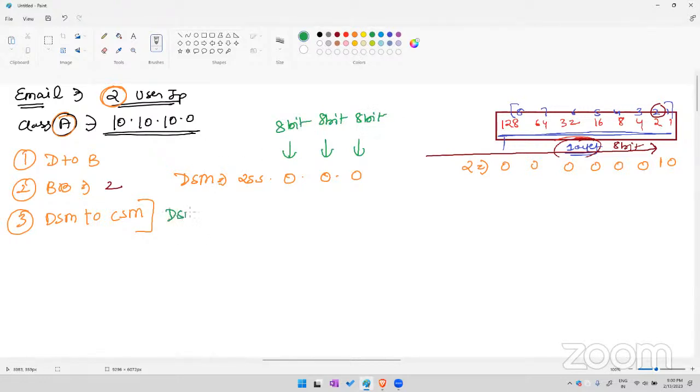Write down your DSM first, 255.0.0.0, octets 1, 2, 3, 4. I don't want to write again and again, so copy this one and paste. Second octet, third octet, and one more. This one is the fourth octet. So we represent all 3 octets as 0, 0. Now the next task.